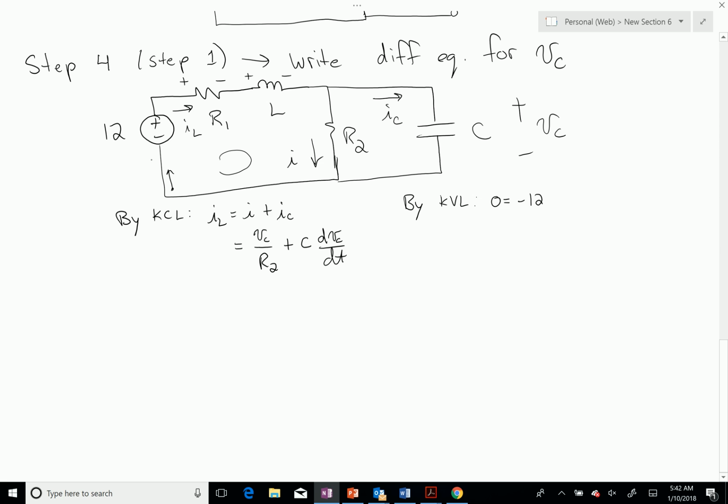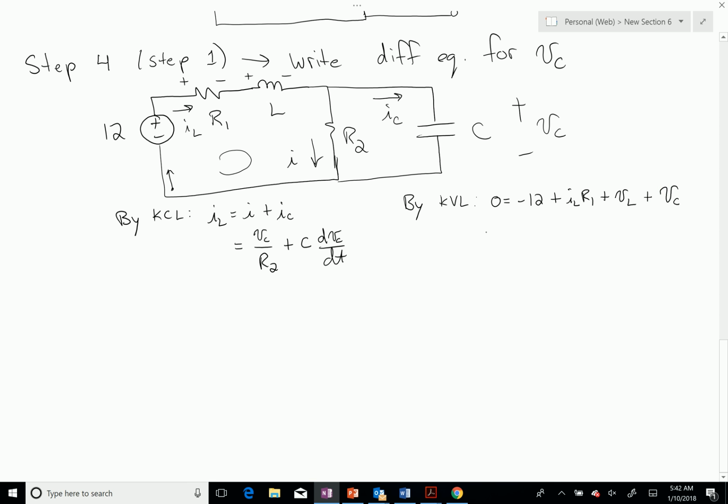When I do that, I end up getting minus 12 plus the voltage across the resistor, so that is IL R1, plus VL, plus the voltage across the capacitor, which is simply V sub C.